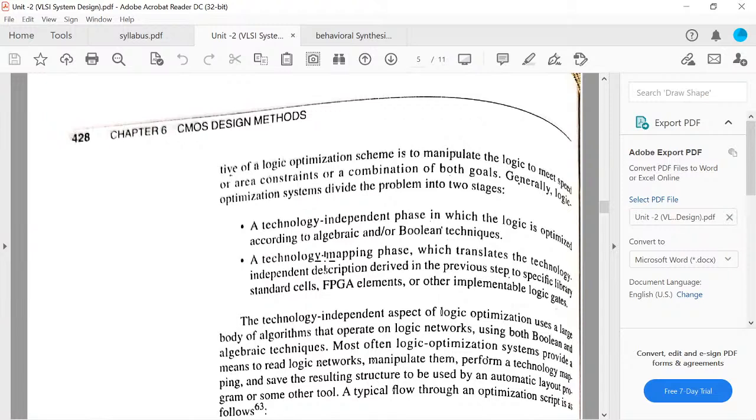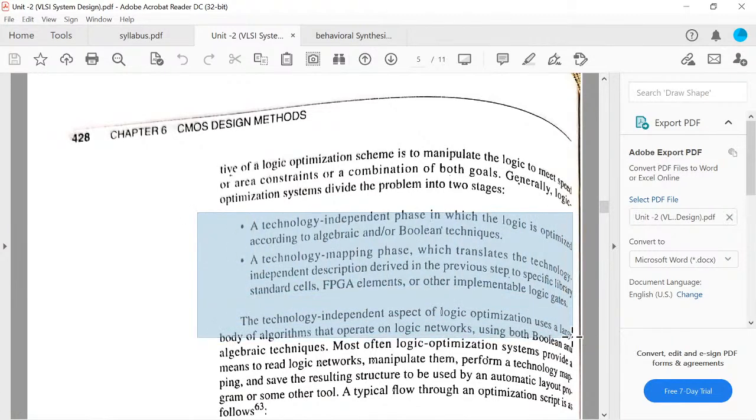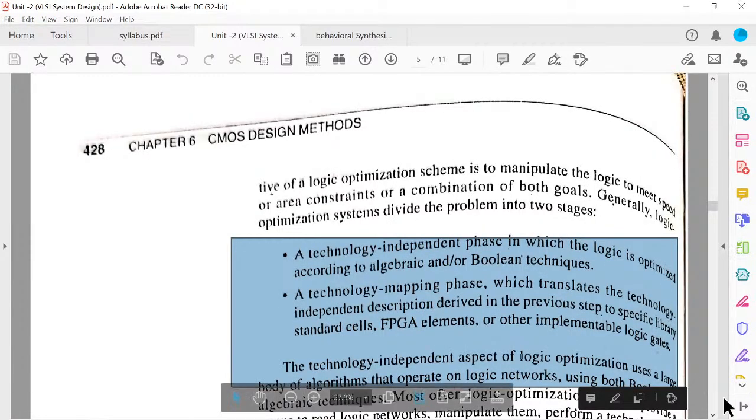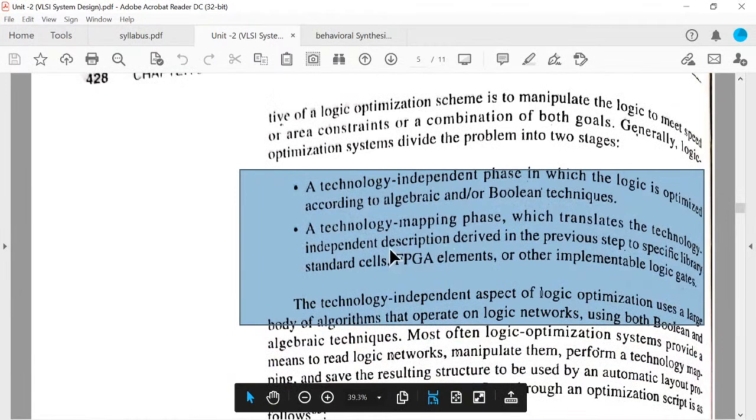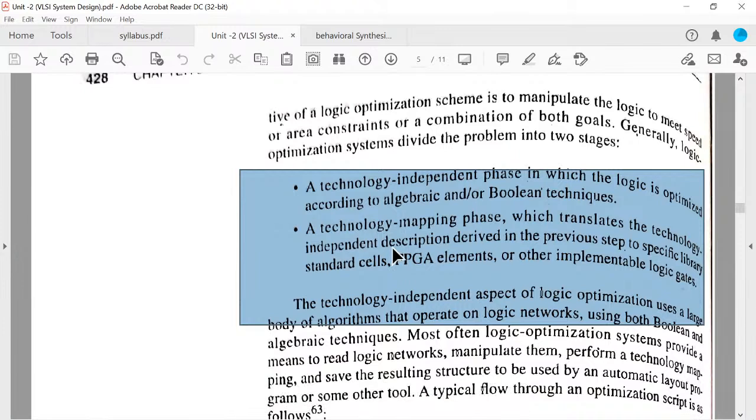Generally, the logic optimization system divides the problem into two levels. What are these two levels? First is the technology independent phase, in which the logic is optimized according to algebraic or Boolean techniques.